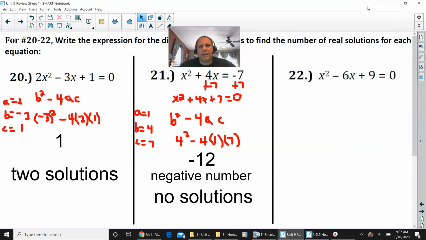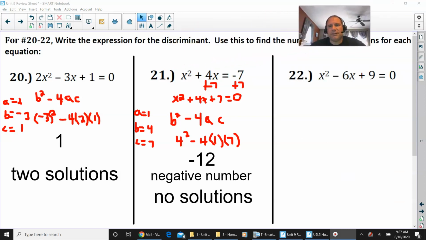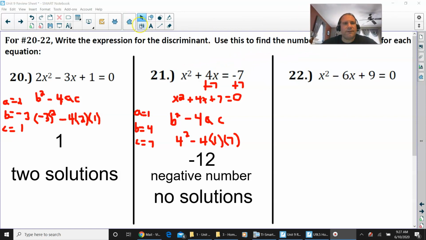All right, so the last one is this one right here, which is number 22, where my face is. All right, so the first thing that you always do is to check to see if it's equal to 0. It is. So you have A equals 1. And you have B equals -6.